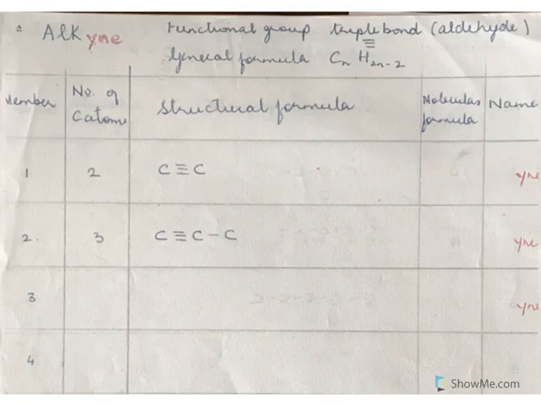So here's the chart on alkynes. The ending is YNE. They have triple bonds. General formula CnH2n minus 2.